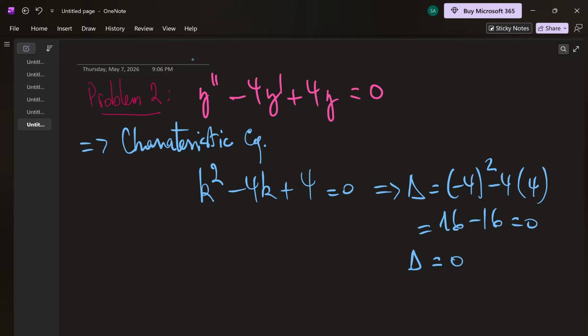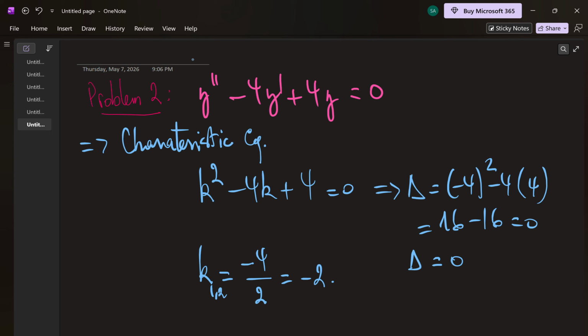So we have a double root. So k is equal to minus b over 2a, here it is 4 over 2, which is 2. You could verify this.